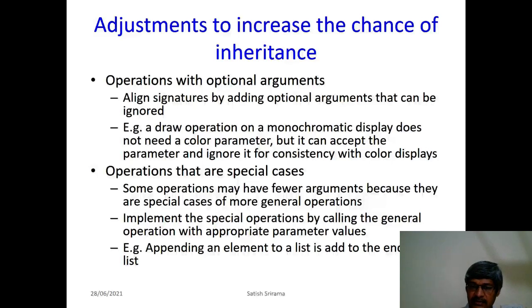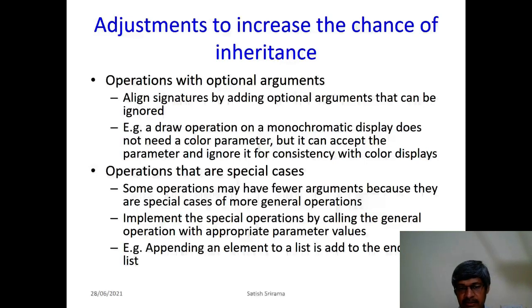So that add has the object which you want to add and then the index. Whereas if you define another method, append, its purpose is to go to the end of the list and add it. Instead of appending, you can put add that object at the end of the list, say get the length of the list and then add it at the end.